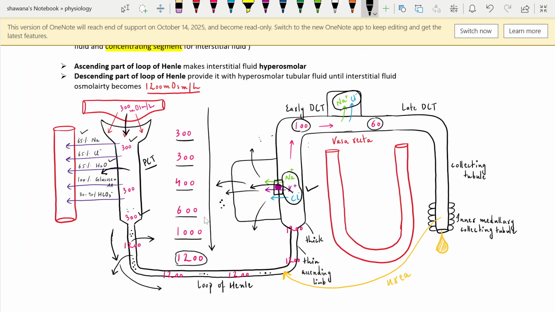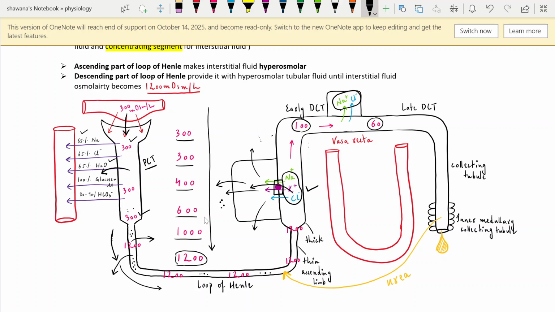And when the tubular fluid leaves the thick ascending loop of Henle, the osmolarity of the tubular fluid has decreased. It is logical that most solutes have been reabsorbed, so osmolarity automatically decreases.